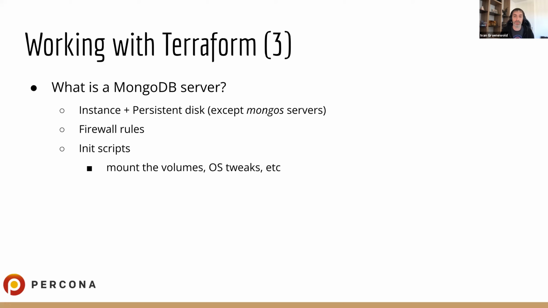Also, we're going to need some firewall rules to allow the communication between the instances and inside and outside them. And then maybe we need some init scripts to do the basic setup, like mounting the volume and doing some basic OS level tuning, okay? For example, one of the things that we normally do for MongoDB is disable the transparent huge pages.